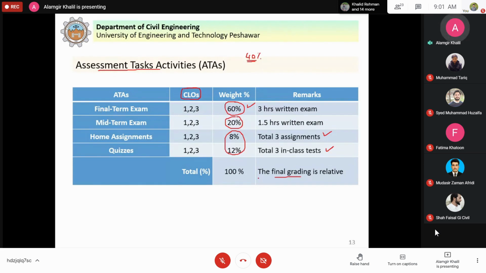Even though you may have an A- or B+ grade, it can happen that one or two of the CLOs fail for you, because the grade is relative, clear? We normalize your marks, but here there is no normalization. This is absolute. So you have to make sure that you perform well on each of the CLOs, with a minimum pass percentage of 40%.